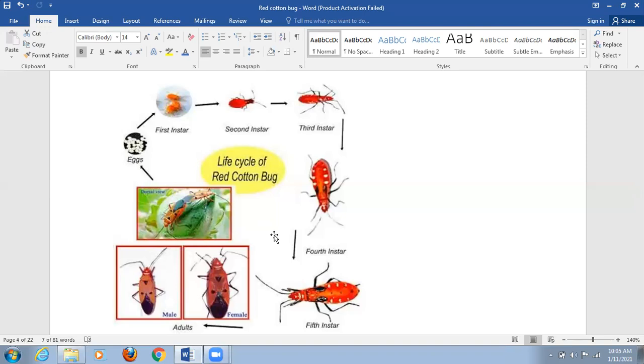They infect different host plants, and their timing is fixed. So during April to July, they feed on the bhendi crop. As I told you, the life cycle is completed within 6 to 8 weeks, that is from egg to adult.